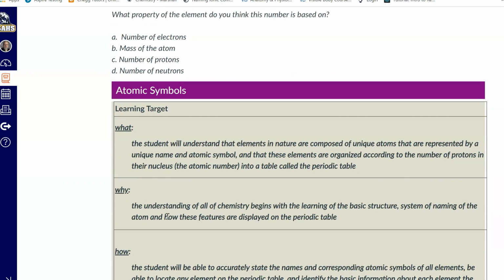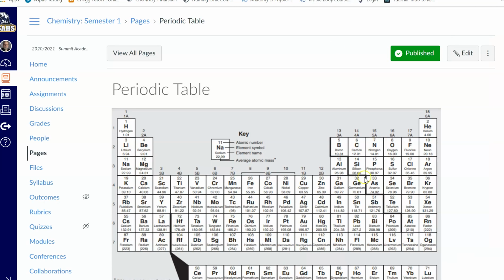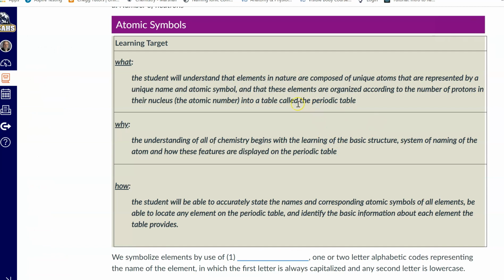That's the first learning target we have here. You will understand that elements in nature are composed of unique atoms represented by a unique name and atomic symbol. We know that these are on the periodic table, the names and the symbols. You will also recognize that these elements are organized according to the number of protons, into a table that we call the periodic table.